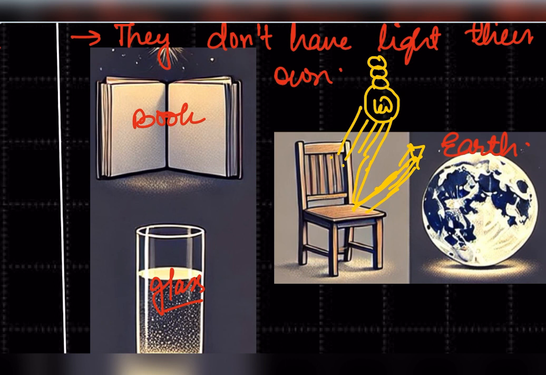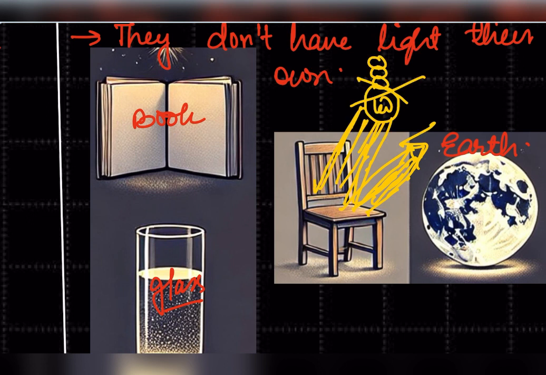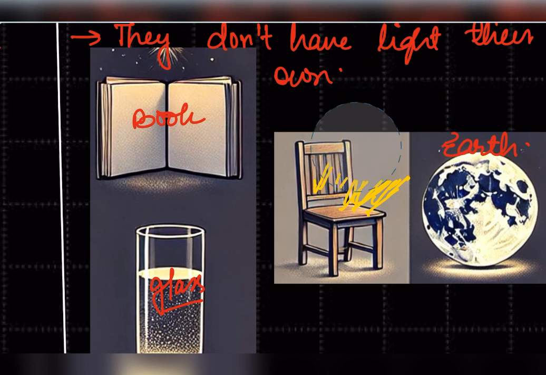Are you getting the point? After the light from the bulb reaches the chair, it gets reflected and the reflected light reaches our eyes. What will happen if light is not there? If there is no light, we cannot see the chair.